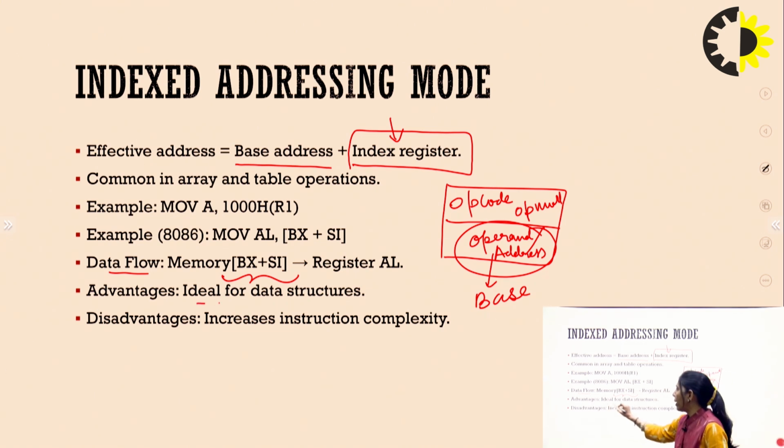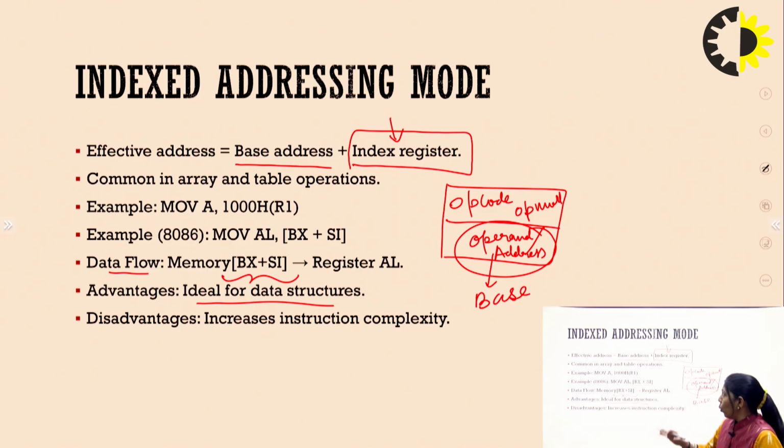So this is ideal for all types of data structures from where we can fetch our data. But overall, it increases the complexity of our instruction. We need to optimize more in our execution process, but here the complexity increases.